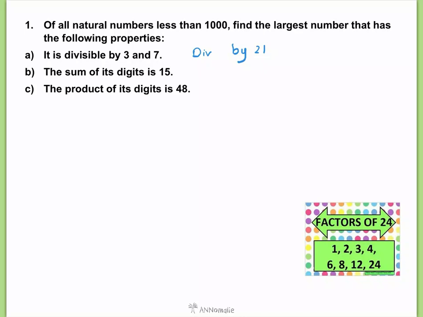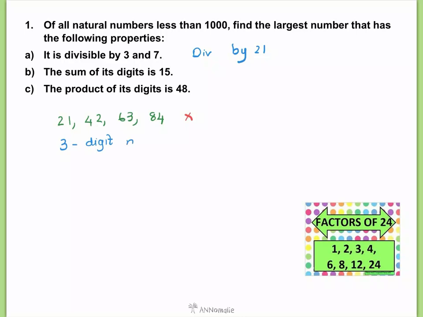So let's look at the 2-digit numbers. That's multiples of 21. That's 21, 42, 63, and 84. Now none of these have a sum of 15. So therefore we know it must be a 3-digit number.